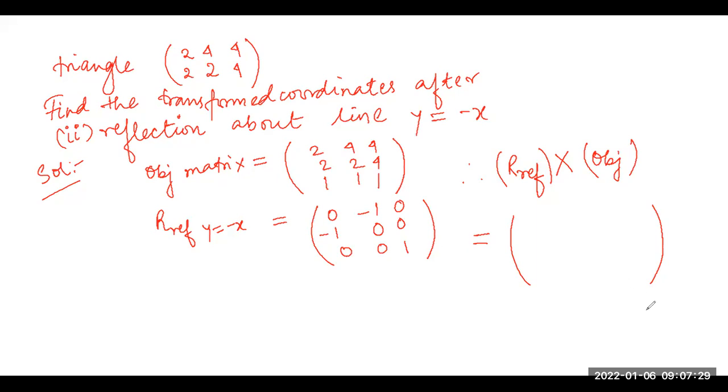-2 -2 -4 -2 -4 -4 and 1 1 1. -2 then? -2. No. Some problem you have done.